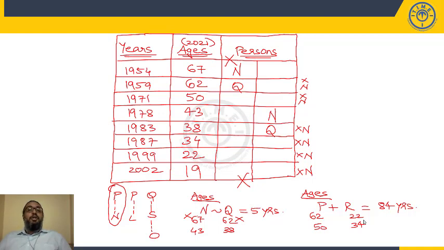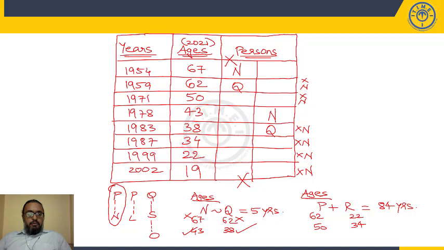So from this again you are getting two possibilities. Are you understanding the concept? Now is there any other number? I have done 62, 22 and 50 and 34. Now the remaining numbers are 43 and 38. When I add 43 and 38 you will get 81. So I don't have that concept. Now with 19 also I do not have. So there are no other possibilities. These are the only two possibilities that you have.